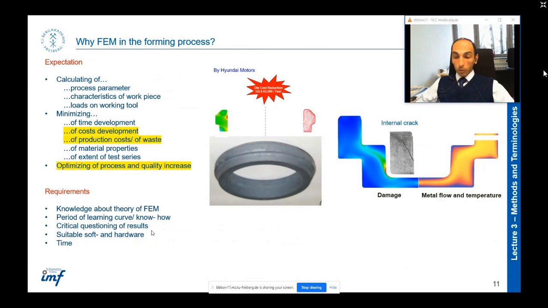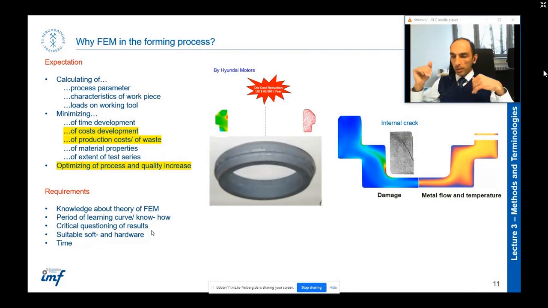Of course, simulation by itself saves time. Imagine that you want to design a die. If you want to repeat it in practice, you design the die, and then it's not okay, so you do some analytical analysis and change it. Making the second die takes, I don't know, 2-3 weeks, and of course it costs too much because making a die is not cheap, and then again it's not perfect, and maybe it takes 1-2 years.